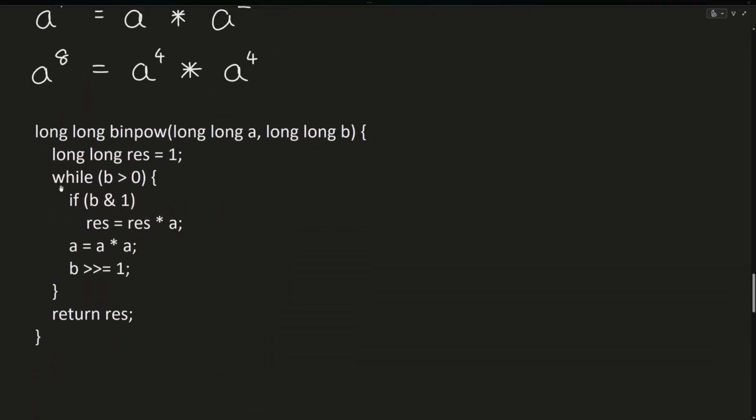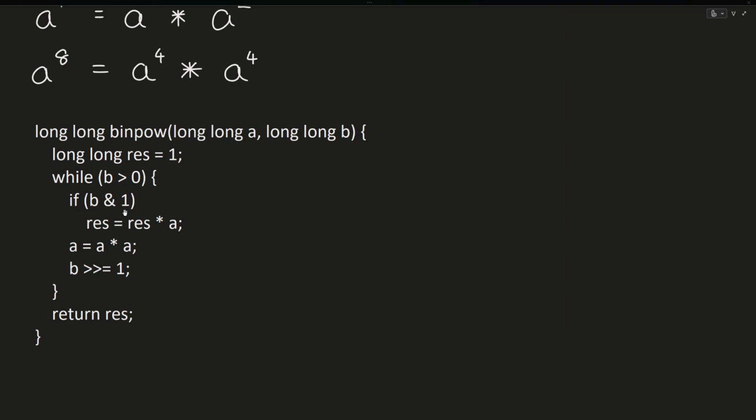So this is the function in C++. It takes as parameters the base and the exponent. So a is the base and b is the exponent. We initialize the result to 1 and we use a while loop while b is greater than 0.